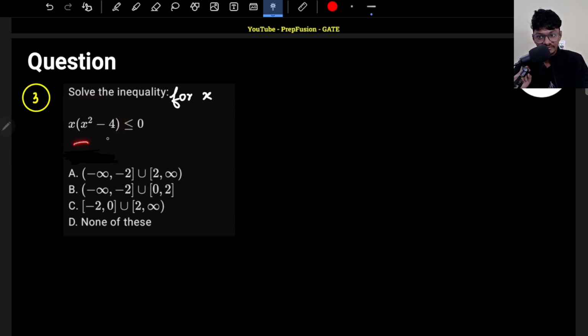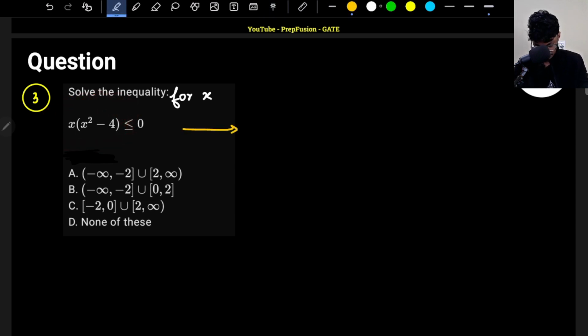I know plus 2 is a valid value, but minus 2 also is. So first you have to factorize this. So this will be x minus 2 into x plus 2 less than or equal to 0.